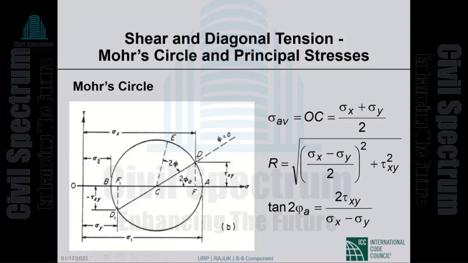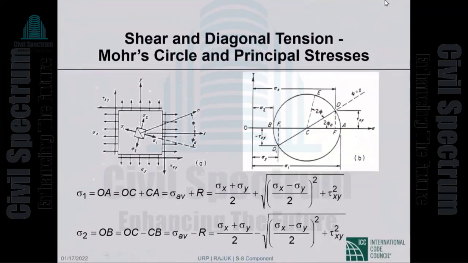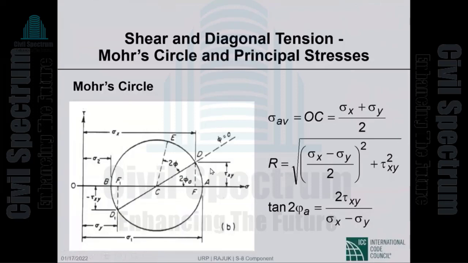Okay? The radius R is this distance CF, which is sigma x minus sigma y, the distance FF1 divided by 2. So this is sigma x minus sigma y divided by 2, and the vertical distance is tau xy.